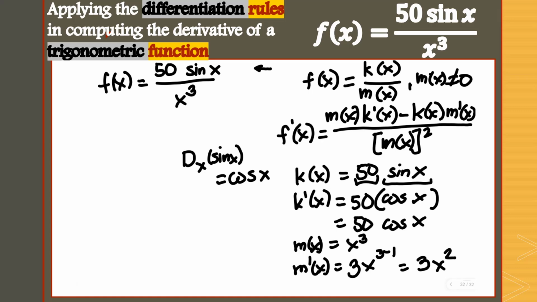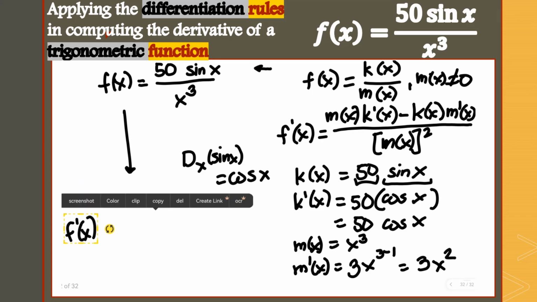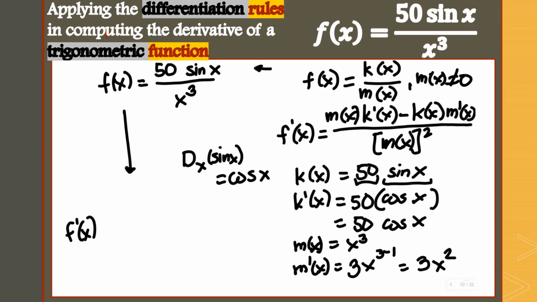Now that all of these are completed, let's proceed to the first derivative of the intended function identified here. Let me move this down a little bit because I might need a lot of space, as I would include here rational expressions.